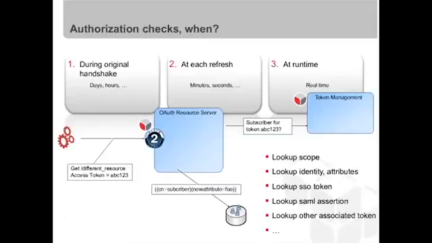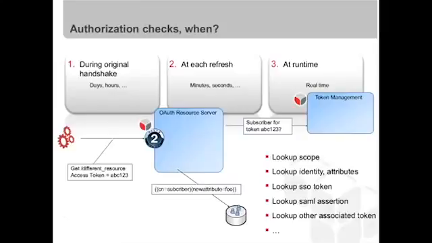So if you recheck the authorization at each refresh, you end up with authorization decisions that are more likely seconds and minutes old as opposed to days and hours. So in some cases, this is good enough. This is the right balance.